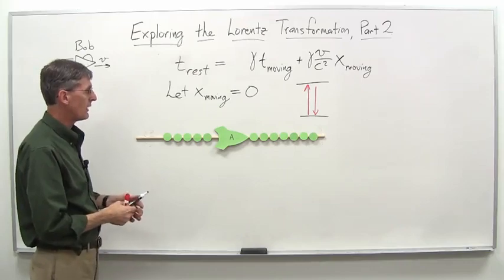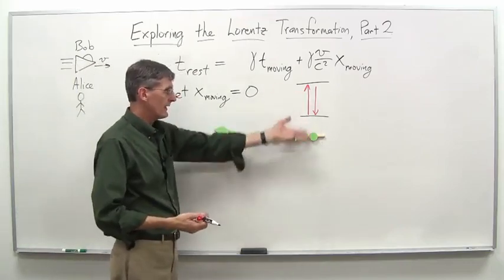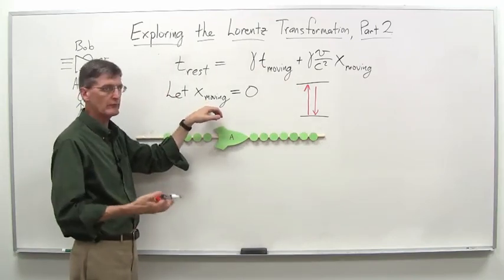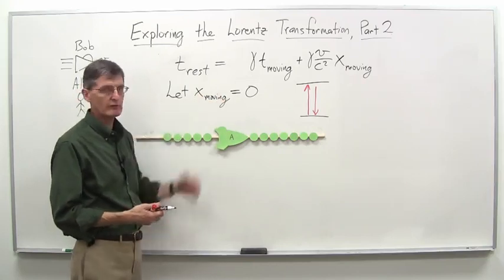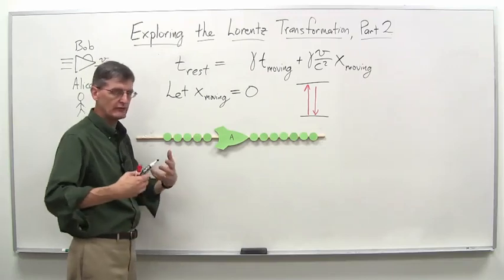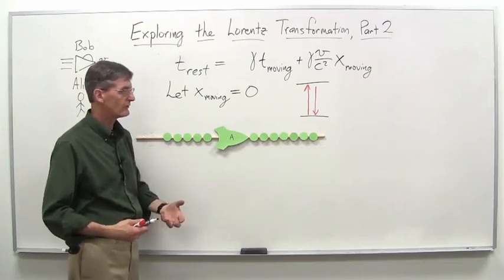But as far as Bob is concerned, if he's carrying the light clock with him, that bouncing up and down is happening in his moving frame, what we're labeling the moving frame from Alice's perspective, but in Bob's frame at x equals 0, because it's in his cockpit with him, and that's his definition of the origin, right? As far as he's concerned, he's not moving.